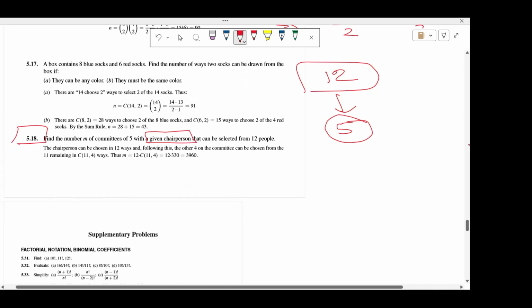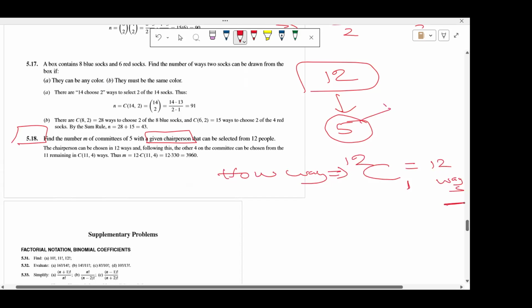Now, how many ways are we generating this chairperson? From these 12 people, we need to select only one person. So 12C1, which is equal to 12 ways, we are selecting this chairperson, right?